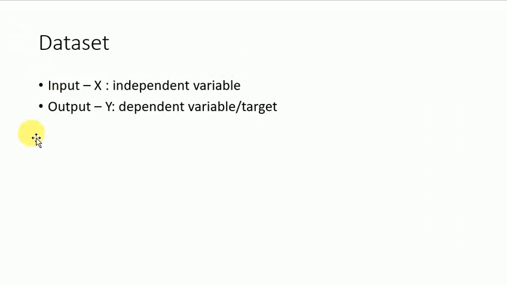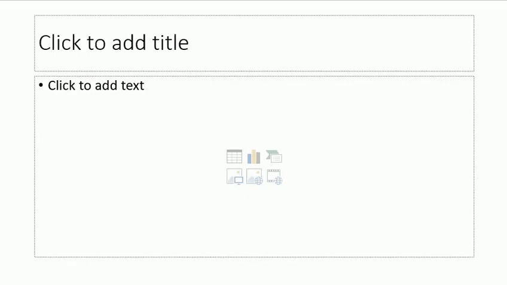Now let us understand how exactly this happens. Let me take one table, and this table has some parameters. The parameters are like how a student scores at the end of the year in the exams. So we have certain parameters: the student gives a certain number of hours for study.